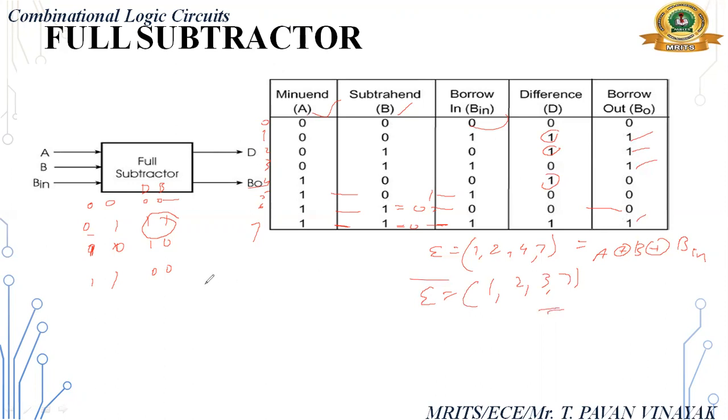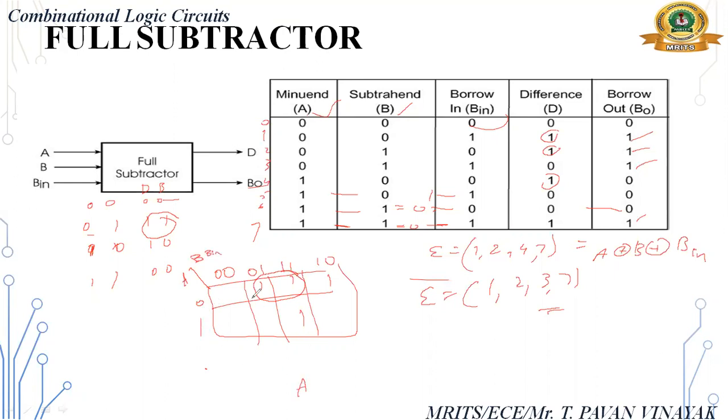So draw the K-map. 0, 0, 0, 1, 1, 1, 1, 0 for 1, 2, 3, 7. This is A, B, B in, with 0, 1.